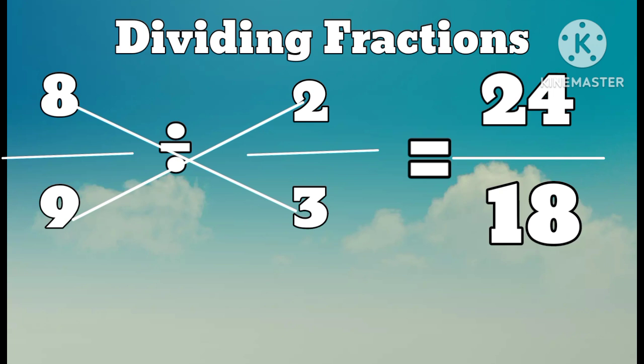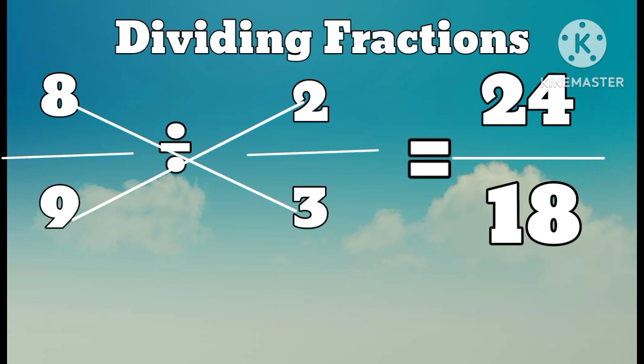They're basically the same thing, even if you use the first method, it's still going to be the same, so don't worry about that. If you don't believe it, you can try the first method, but the answer will still be 24 over 18. But it's not over yet, because it can be simplified even further. So I'm going to ask you guys, what is the GCF of 24 and 18? 2?